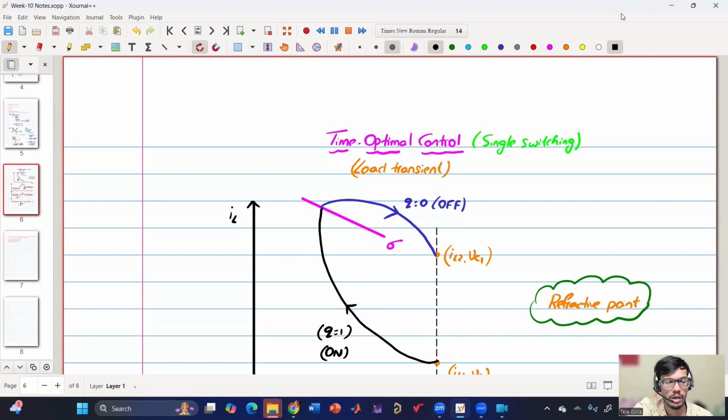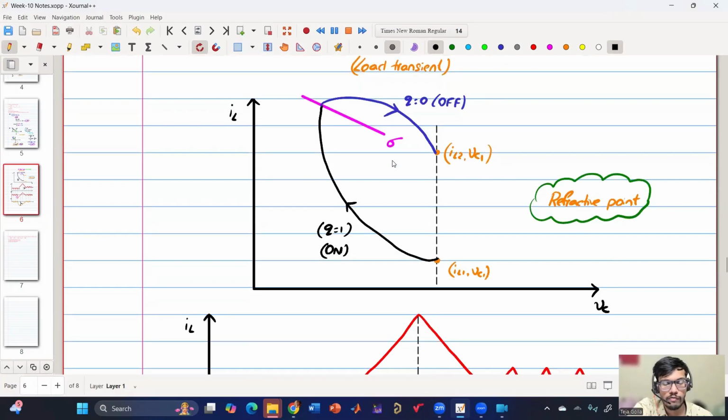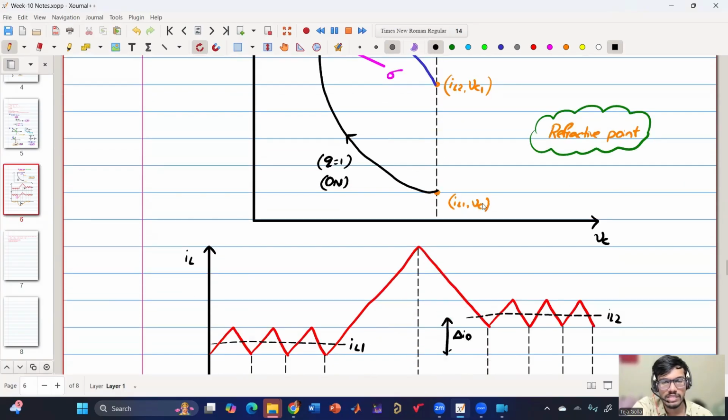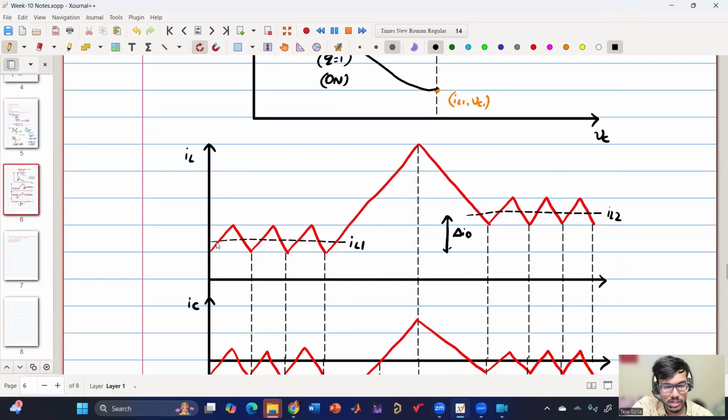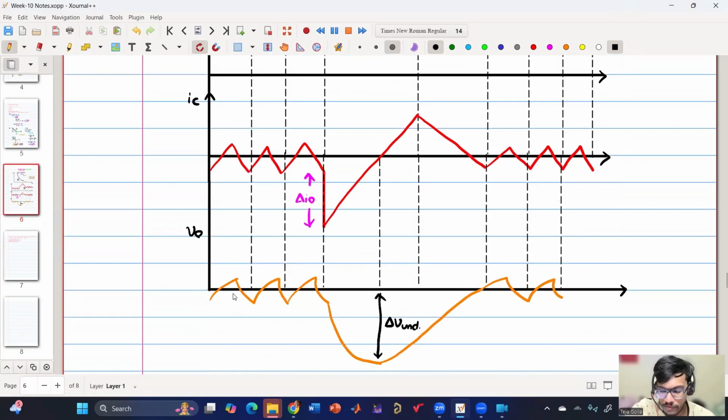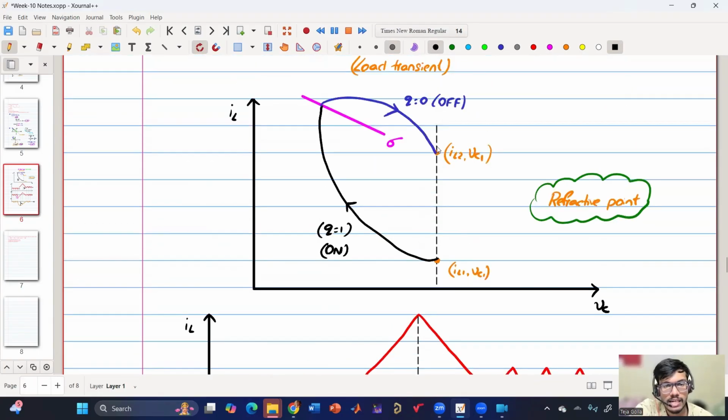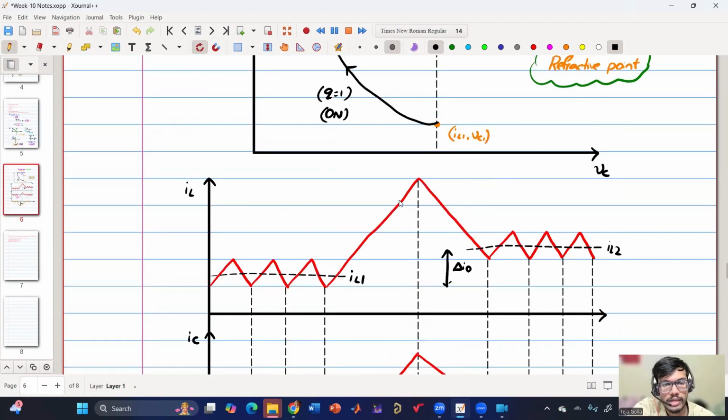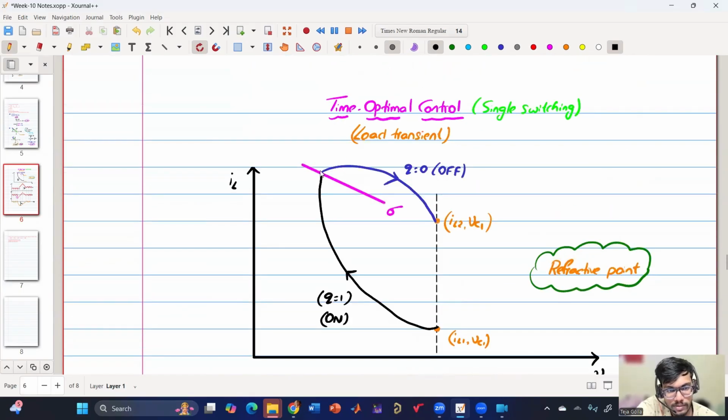Yes, sir. So if we correlate, this point IL1 is before the transient. So this is IL1 and this is at VC, right? So the average value is at VC. And then once there is a transient, IL1 is trying to increase to hit some peak, which is this peak.